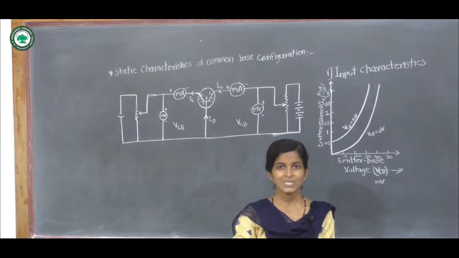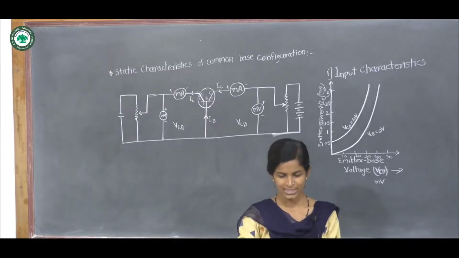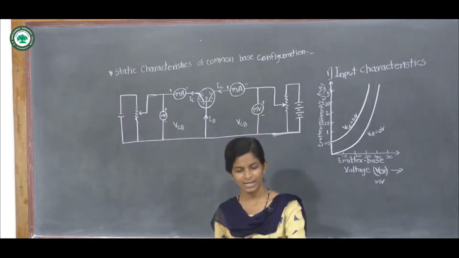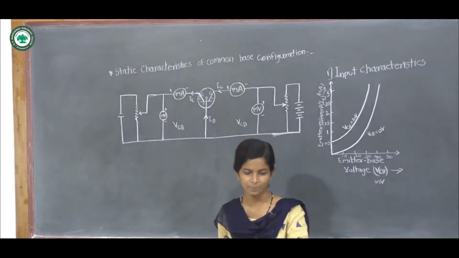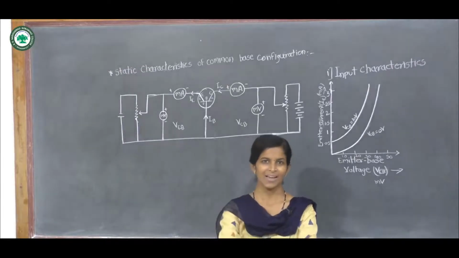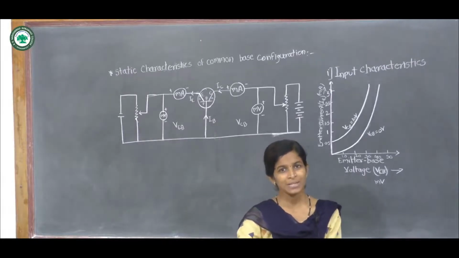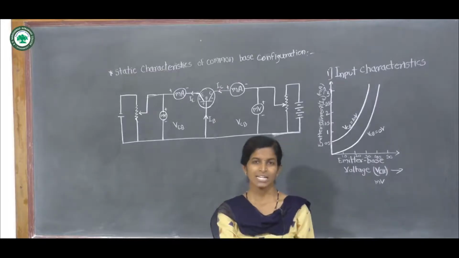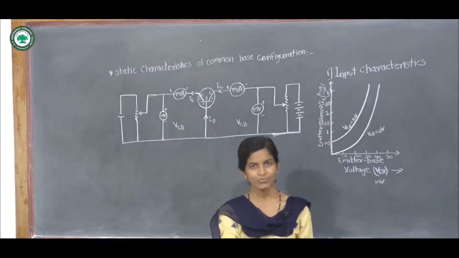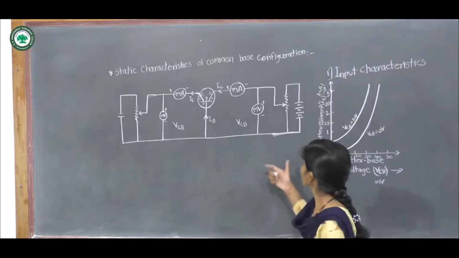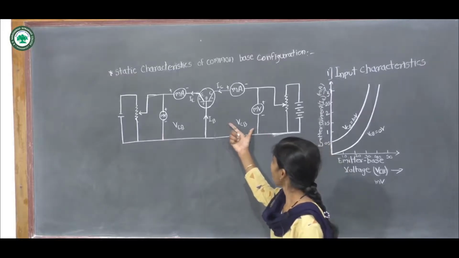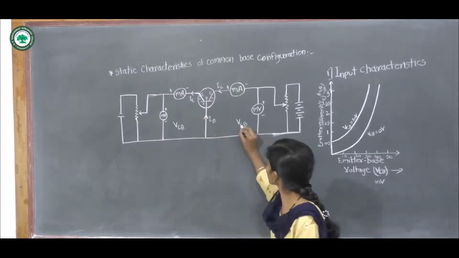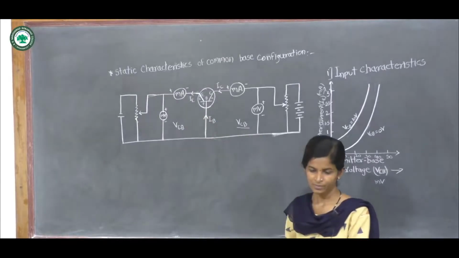Then next point, one should note that emitter current IE as well as collector current IC is almost independent of collector base voltage VCB.